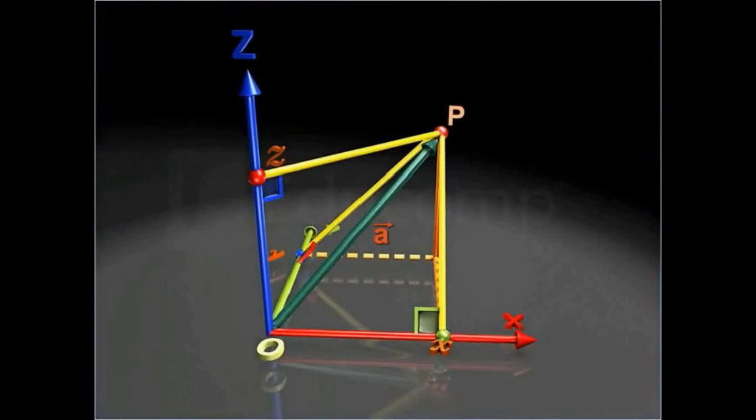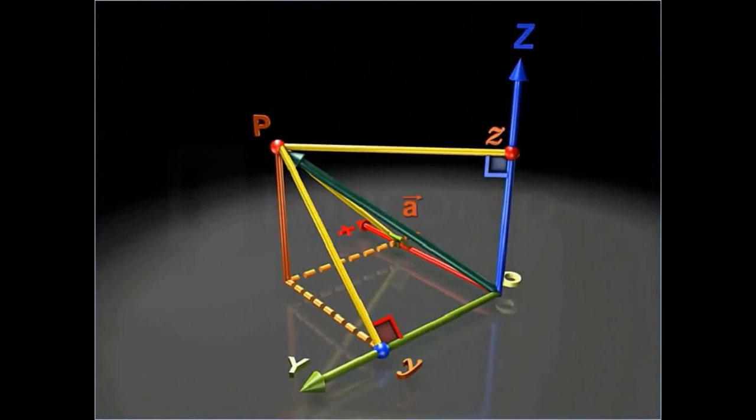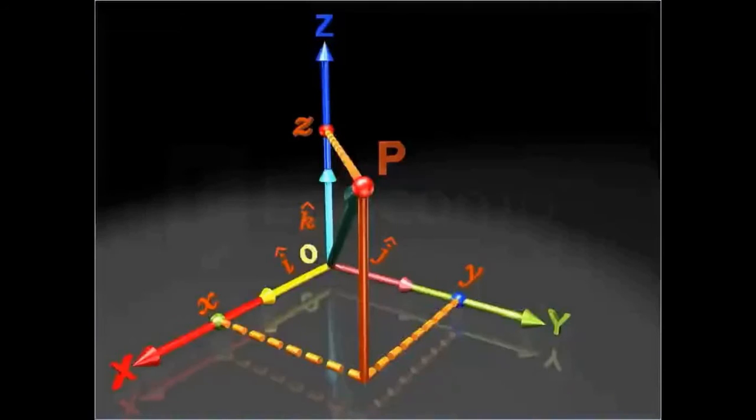The projections of the vector A along x, y, and z axis are known as its scalar components. Since the vector is described completely by its magnitude and the unit vectors along it, the product of scalar component x and unit vector i cap represents a vector x i cap.